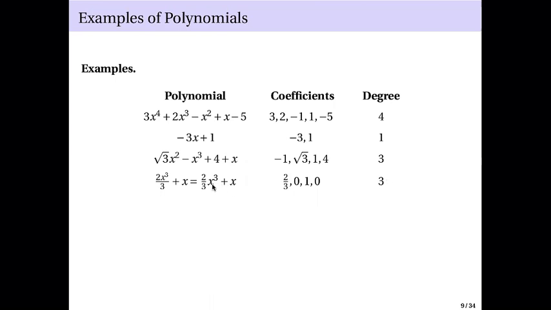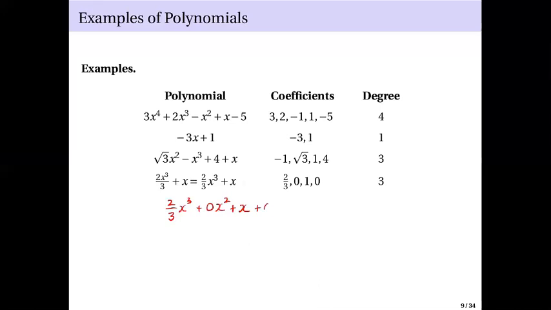Now, writing in standard form, you have here 2/3 x cubed. And you don't see the squared variable. It means the coefficient of that is equal to 0. Then you see your x in here. Then you don't see the constant.